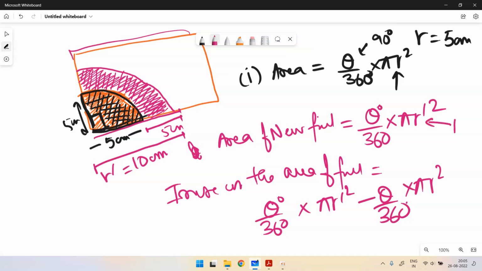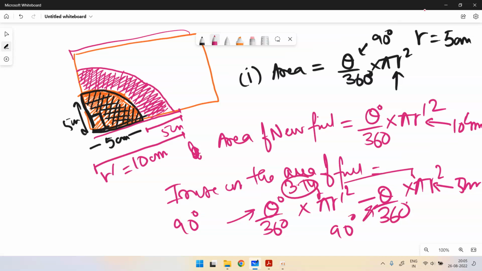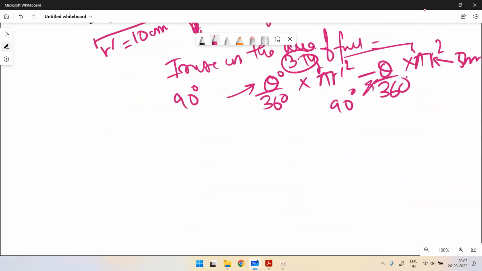Here r dash will be 10 centimeter and r will be 5 centimeter. Theta will always be the same, 90°. Pi you can take 3.14, and if you put these values here, you will get the answer. Simple. Just need to analyze.